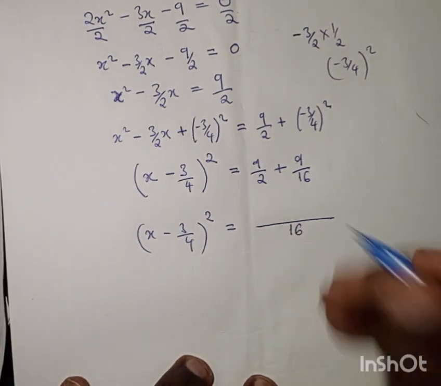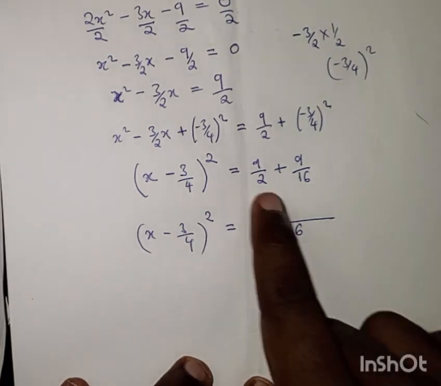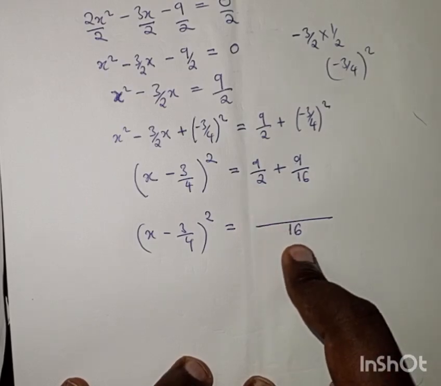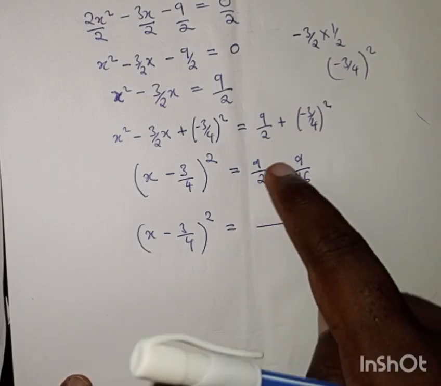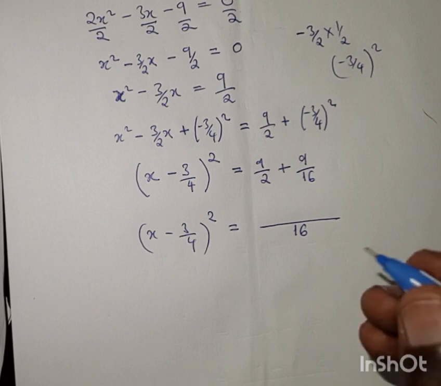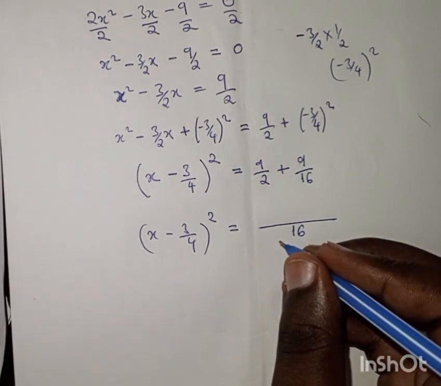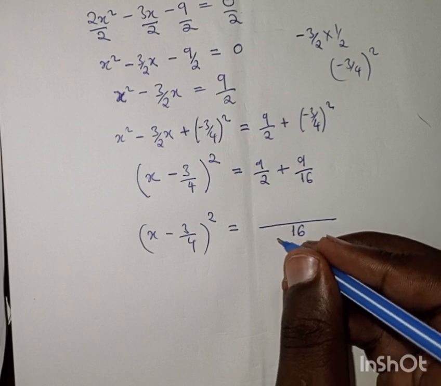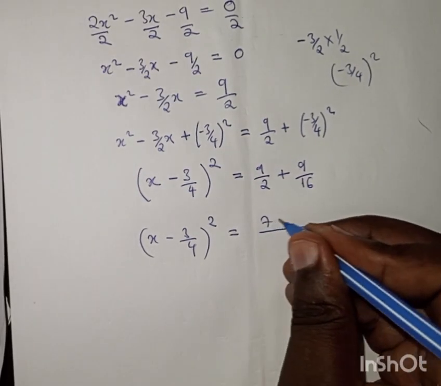So we have 16 there. Then you say 2 in 16, 8. And what is 8 times 9? 8 times 9? Is it 72? I'm not sure. 8 times 9? Okay, 72.